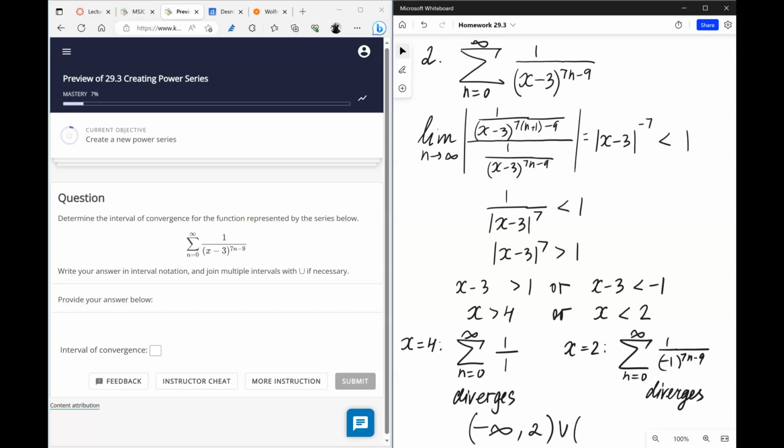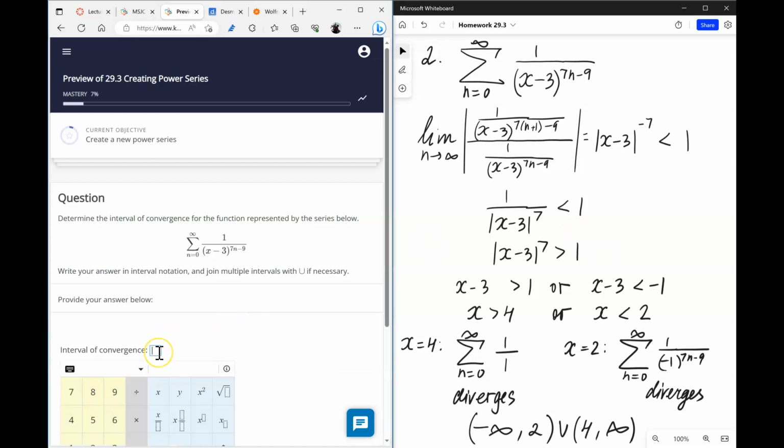So again, even though it looks odd, it does make some sense.